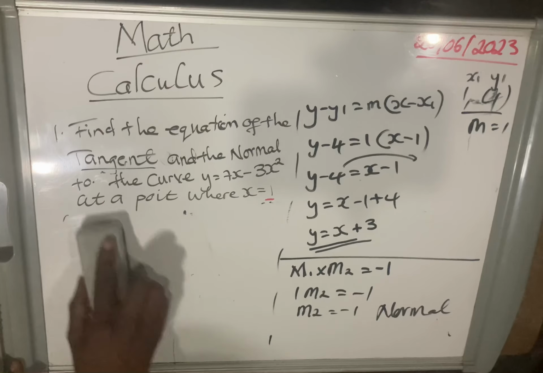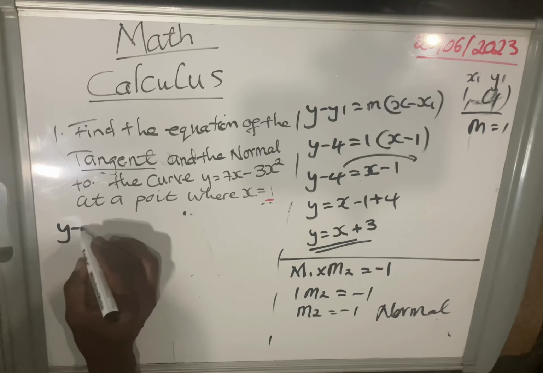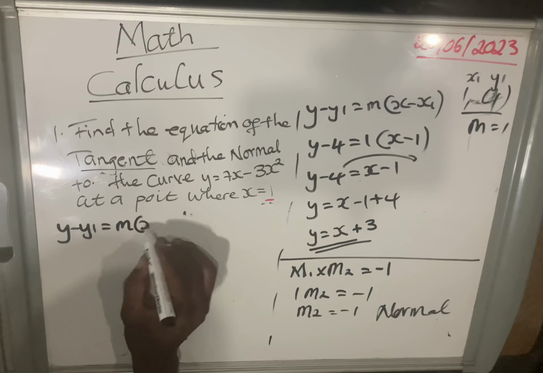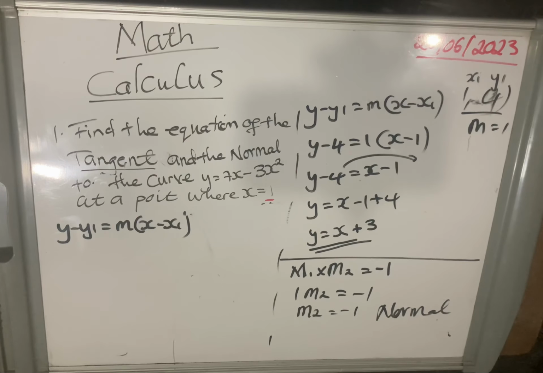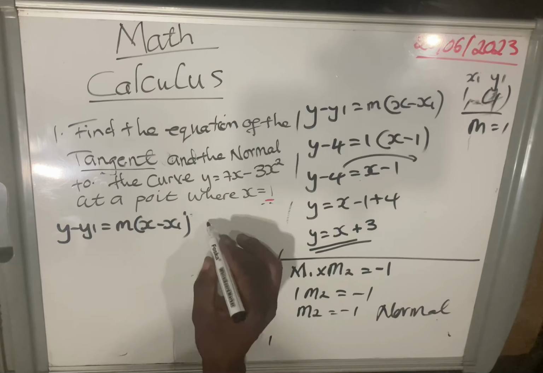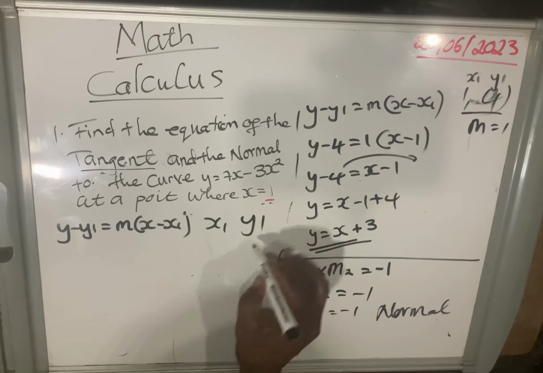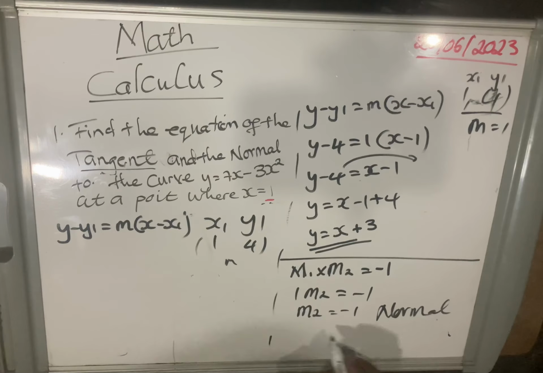The equation is y minus y1 equals gradient open bracket x minus x1. So we have to substitute. Remember, x1 is 1, y1 is 4. Gradient in this case found is negative 1.